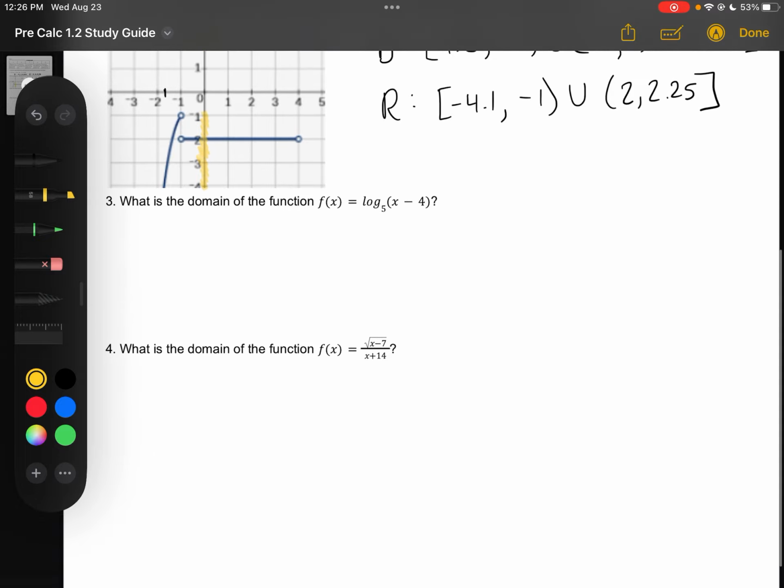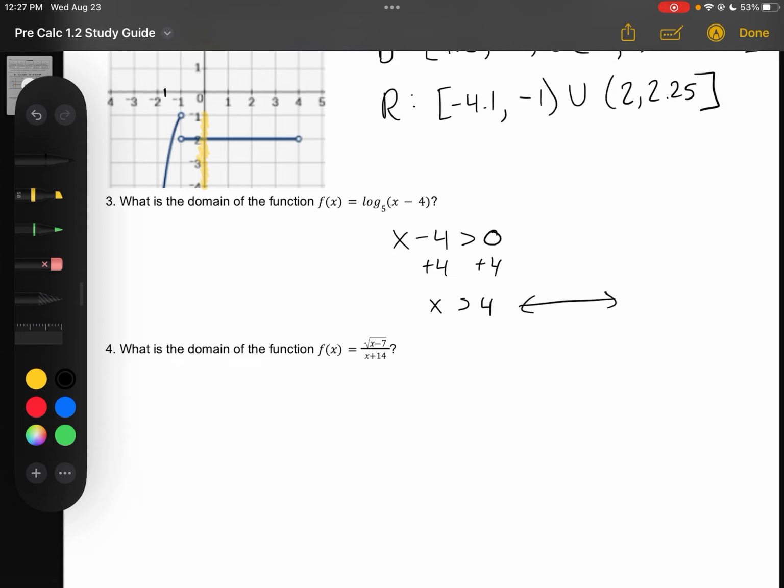Our bottom 2 examples here, a little bit of work must be done. So logarithms, we're not going to have 0, so we have to make sure that it is greater than 0. So x minus 4 has to be positive, has to be greater than 0. So in this case, add 4 to both sides, and we're going to have a domain of x is greater than 4.